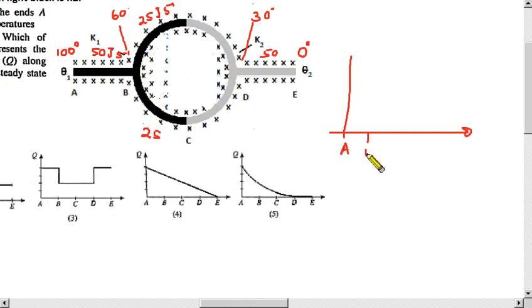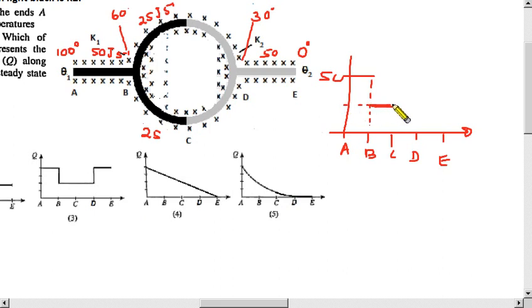A, B, C, D, E. A to B, B to C, C to D, D to E. So A to B, the rate is 50, until this point. Then B to C, the rate is 25, half.